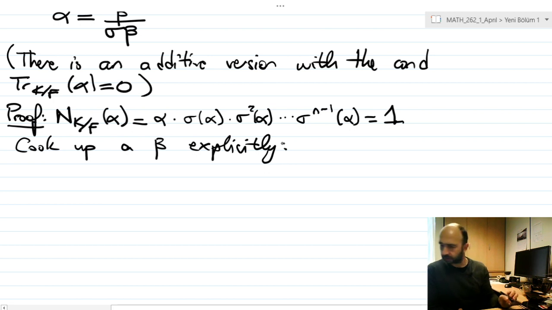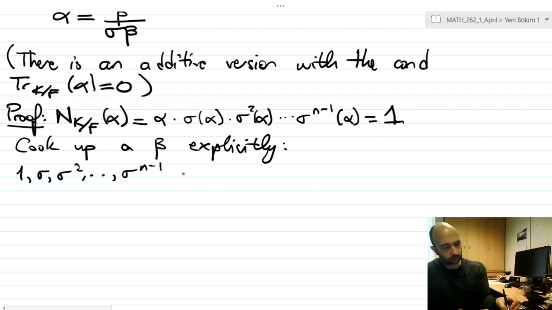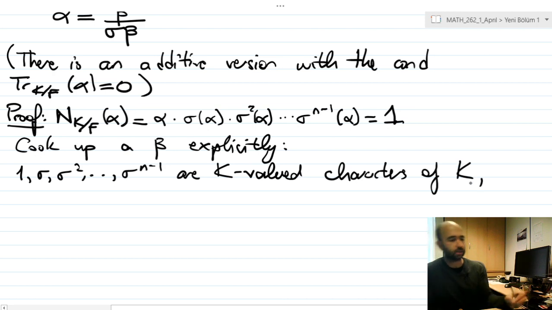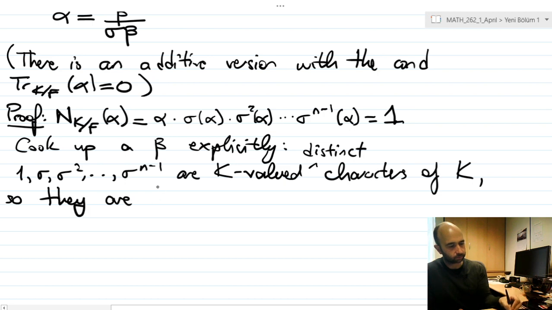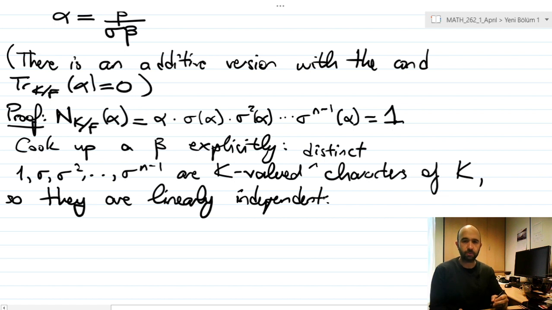Well, the first comment is these 1, sigma, sigma squared up to sigma to the n minus 1 are K-valued characters on K. And they're different, so they're distinct, and they're linearly independent by this general result. Right, that's this key fact coming up again and again.